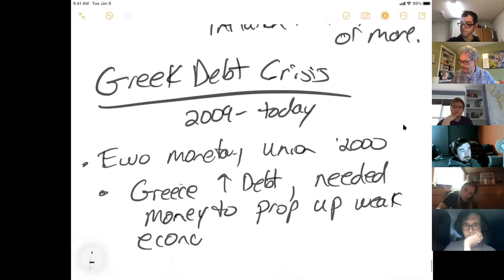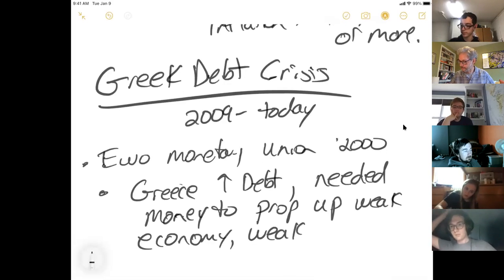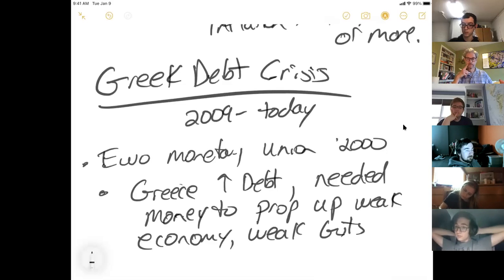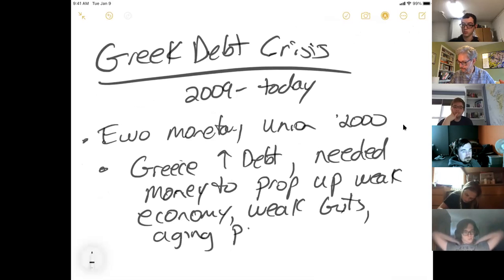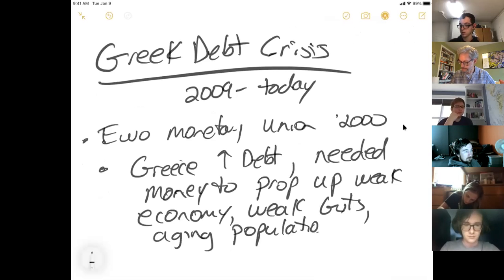And they needed this money to prop up a weak economy, weak governments, and an aging population. So Greece said, hey, now that we're in the euro, it's a lot easier for us to borrow money. Let's go crazy. And that's essentially what they did, right?